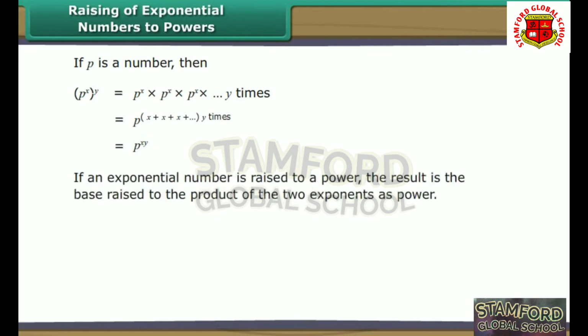If an exponential number is raised to a power, the result is the base raised to the product of the two exponents as power.